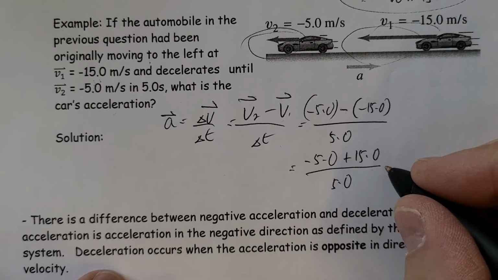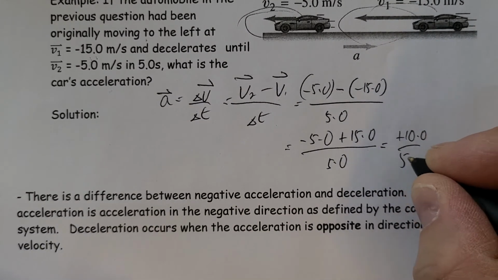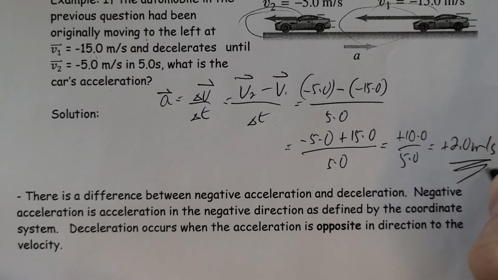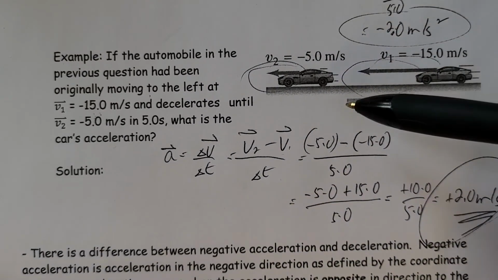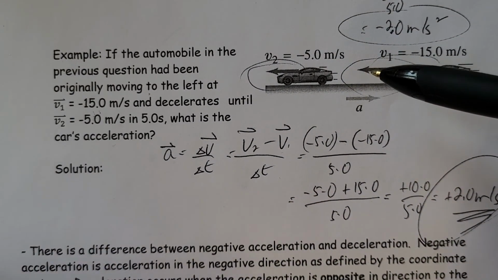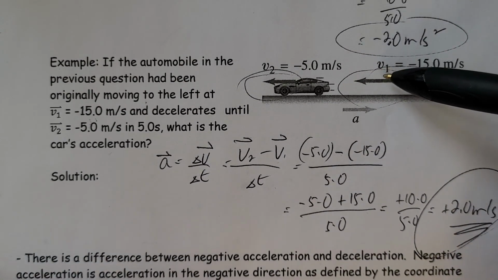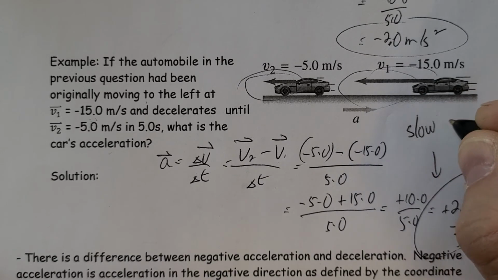So I'm going to have positive 10 over 5, which equals positive 2.0 meters per second squared. Now, the interesting thing about that, I'm going in the negative direction. So if I'm experiencing positive acceleration, again, it's working against me, so I will slow down in the negative direction.